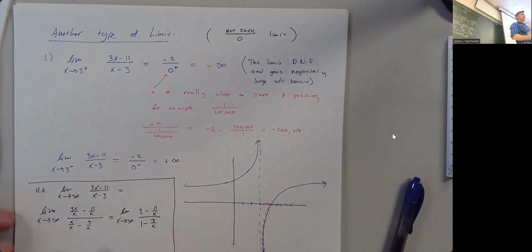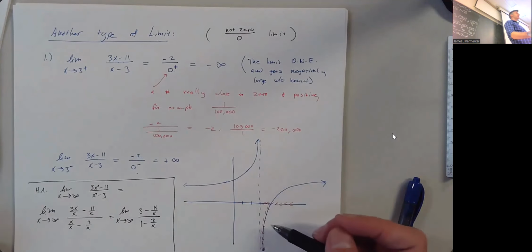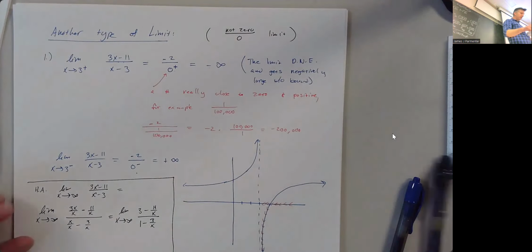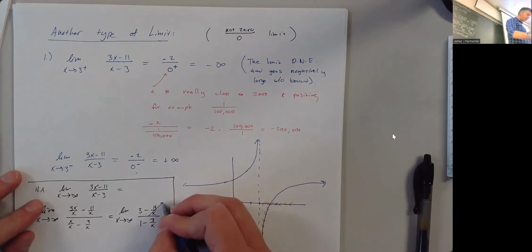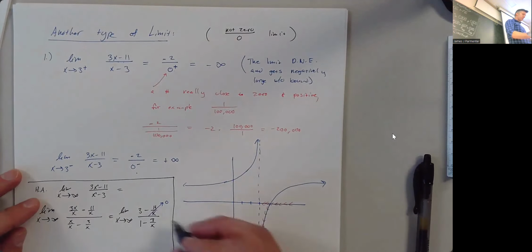Now, here's a question I'm going to ask a lot. As x gets infinitely large, what happens to 11 divided by x? Does it get big or does it get small? Small, right? 11 divided by a giant number is super duper tiny. How about 3 divided by something that's getting very, very large?